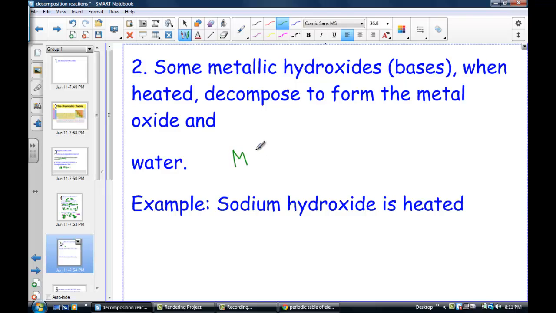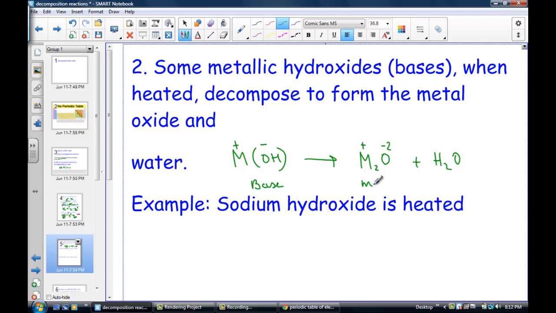A metal hydroxide is what we call a base, opposite of the acid family. And when it breaks down, it's going to give off the metal oxide, better balance the charges, and water.